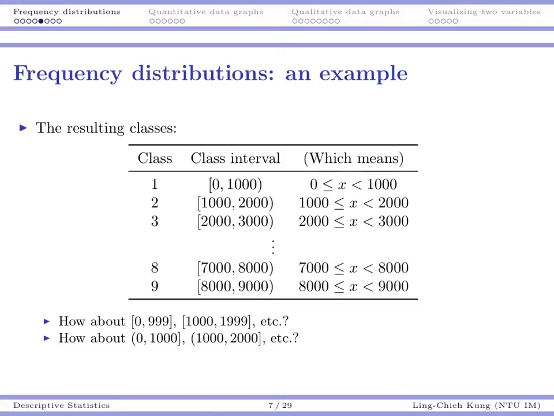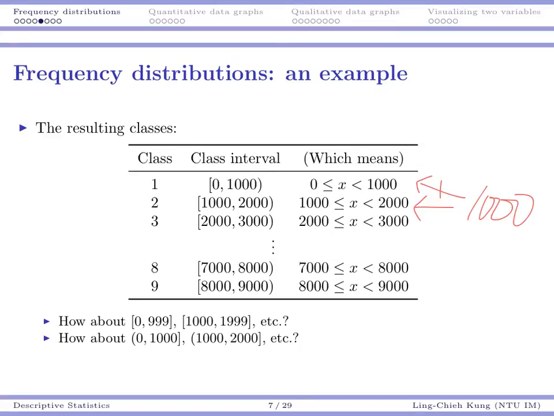That means we are giving a very precise definition of our class intervals. You know when a number is 1000, which class it goes to. It goes to the second class, not the first class.